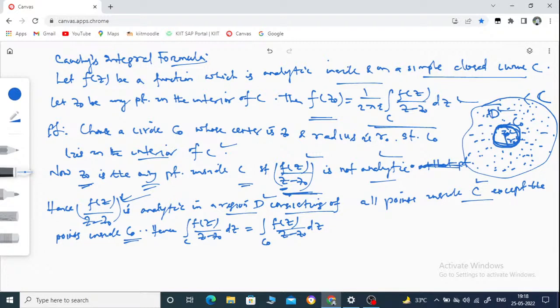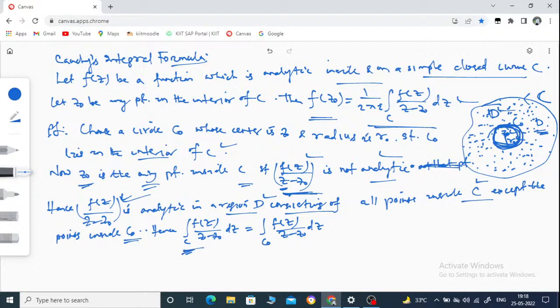I already told you Cauchy's theorem: where the function is analytic in a region, its integration is 0. So since its integration is 0 in the region D, integration over C means it will be only the integration over this C naught. Outside of C naught and inside C, that is the region D, the function is analytic, so there the integration will be 0.